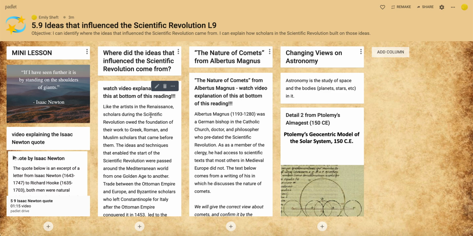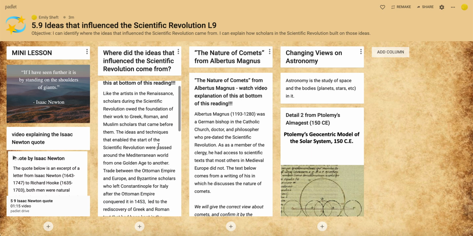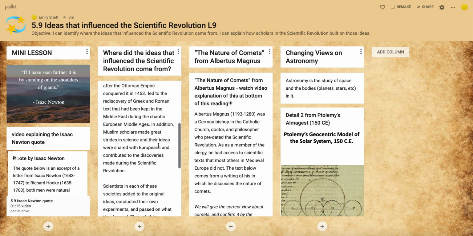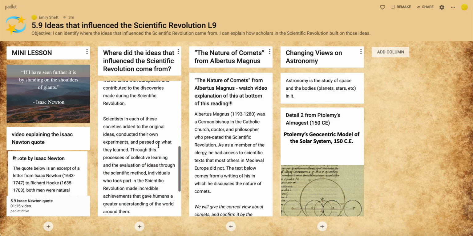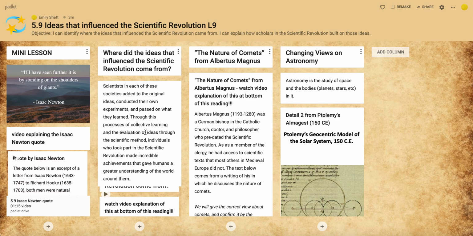And where that really started was by people looking back at Greek, Roman, and Muslim scholars and the ideas that they created, which sort of spurred the start of the scientific revolution. And that is what allowed for collective learning.